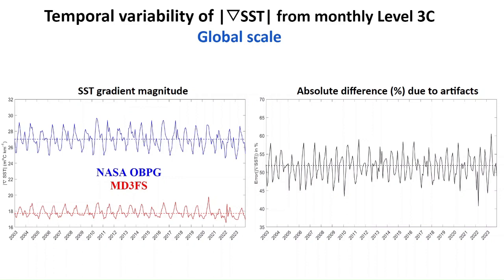And what we see is that there's quite a difference in the magnitude of SST gradients, even when they are averaged over the entire globe. And this difference, which is due to artifacts, is not only of the order of 50%, as we can see on the right panel, but it actually displayed quite a clear seasonal cycle.